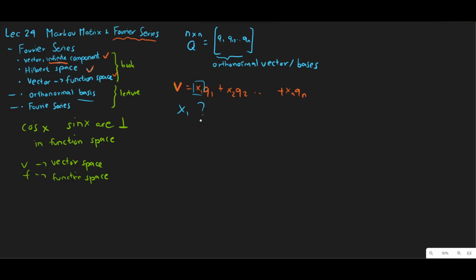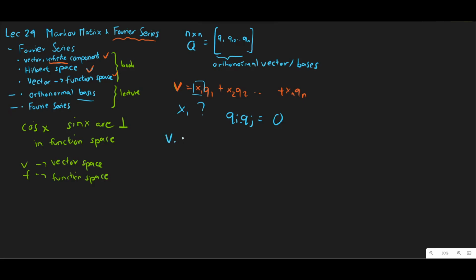I'll just give you the answer right away, because it's pretty clear that we can use the nice property of orthogonality: qi dotted with qj will be 0, the dot product of them. So I'll just multiply everything with q1.